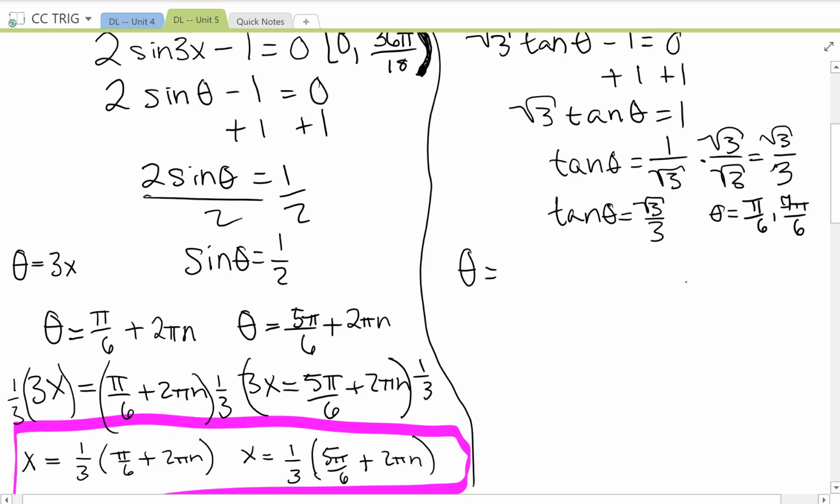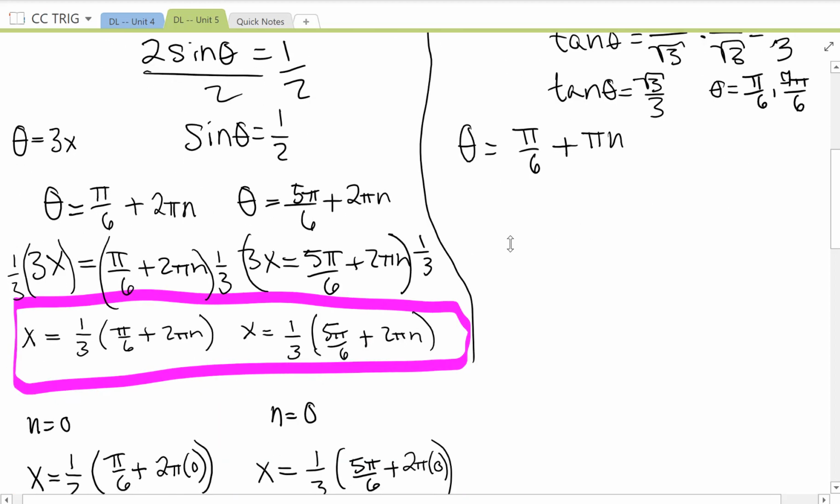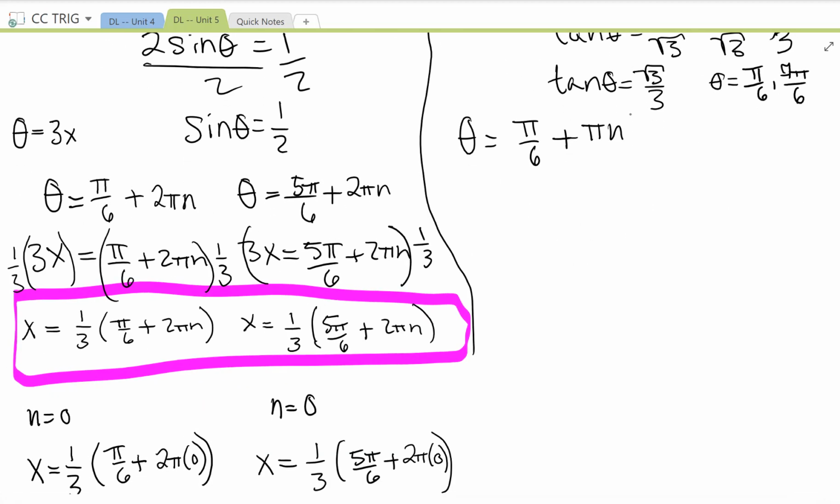So we only need to take the smaller angle, pi over 6, and instead of adding 2 pi, we're just going to add pi. Now, students often get a little confused as to how this expression is enough when this 7 pi over 6 is also here. But if you were to plug in 1 into this expression, what would you get?